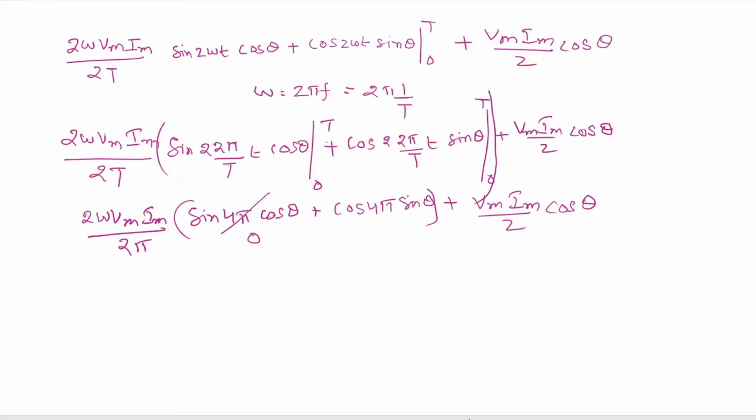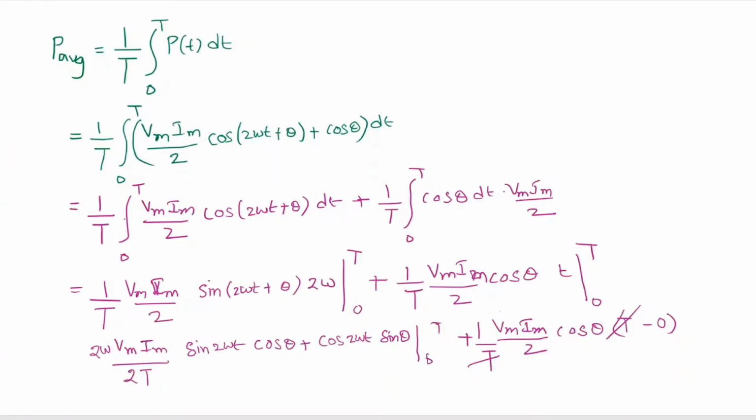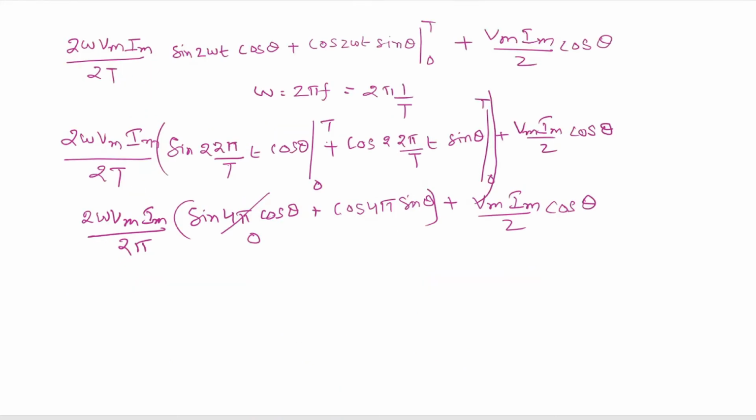What is cos 4 pi? 1. So 1 into sin theta.